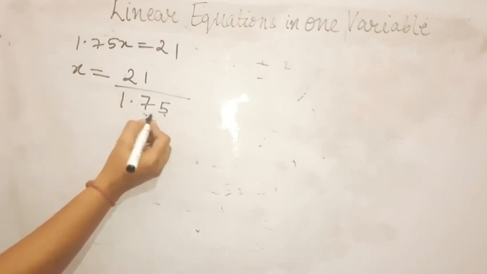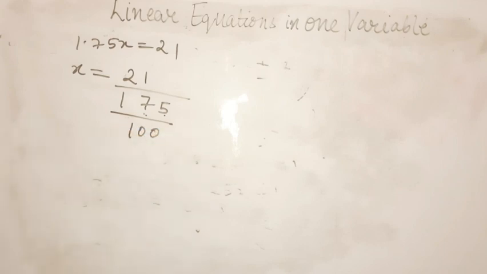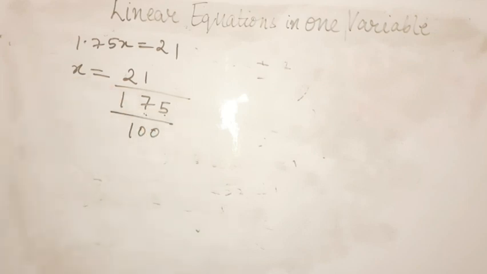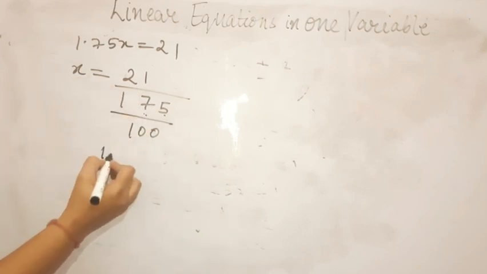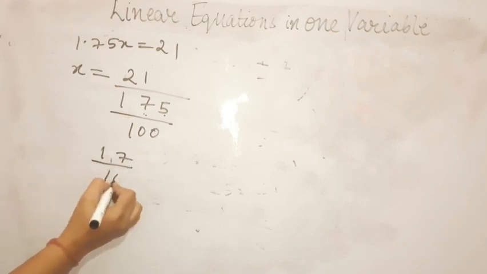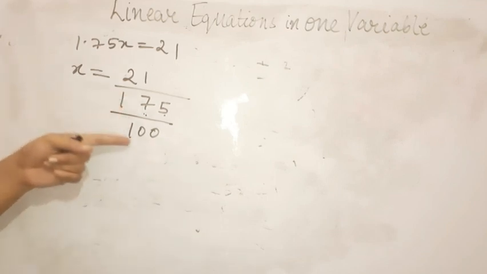Since there are 2 digits after the decimal, just remove the decimal point and divide this number by 100. Why have I divided by 100? Because there were 2 digits after the decimal point. So 175 by 100. If this was 1.7, then once I remove the decimal point, it will become 17 upon 10, because there was only 1 digit, so 1 zero. Here there were 2 digits, so 2 zeros.